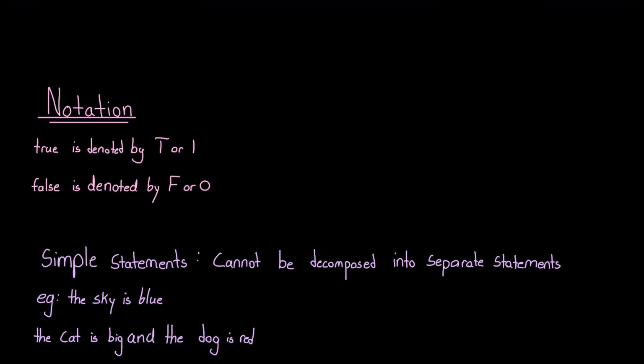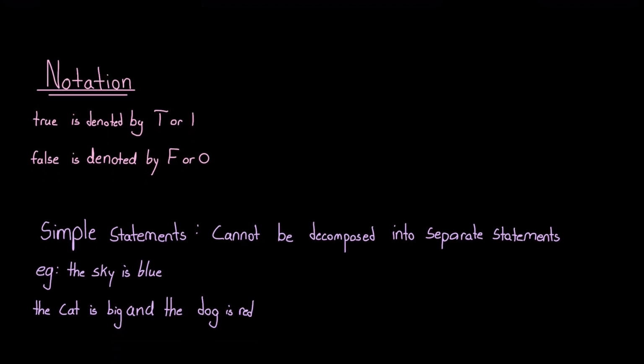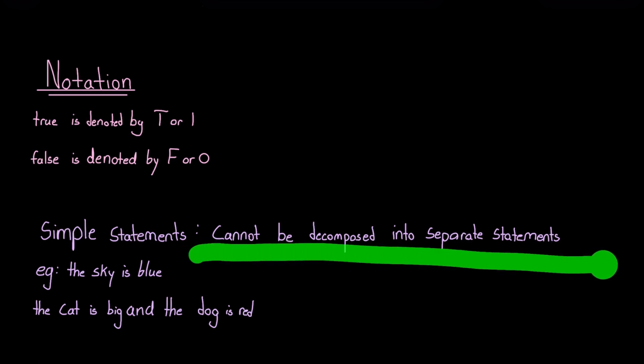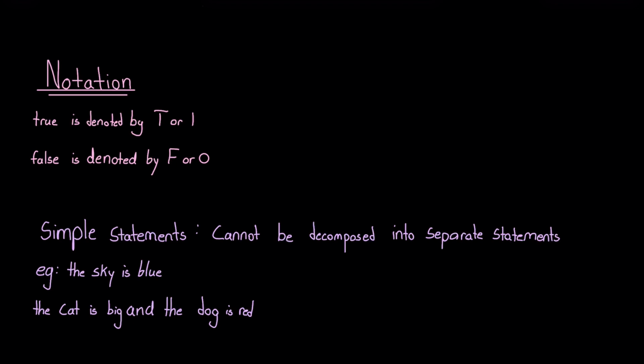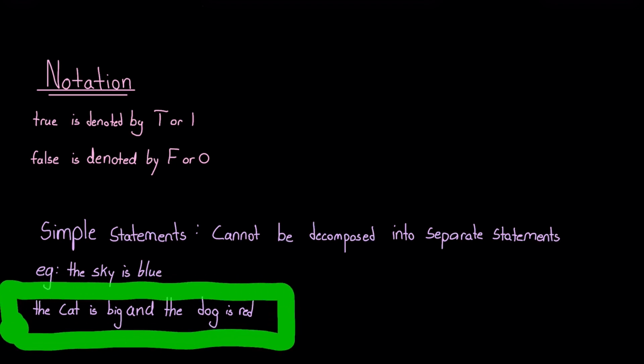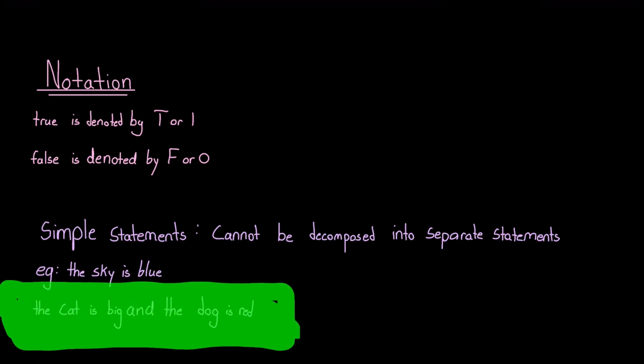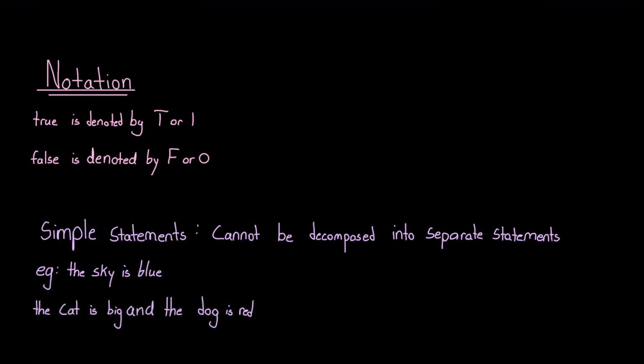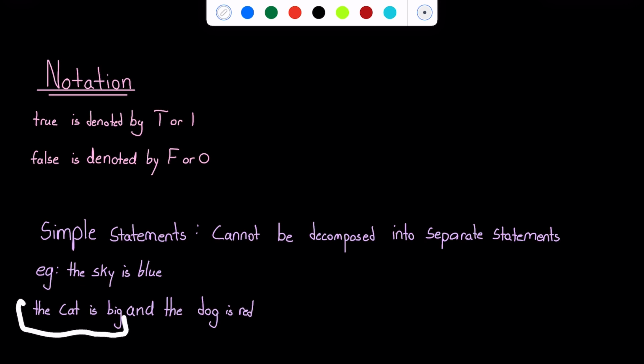And now we're moving on to simple statements. Now, what is a simple statement? The definition here is that a simple statement cannot be decomposed into separate statements. So what this means is, for example, if we have here, the cat is big and the dog is red. Now, this statement can be decomposed into two different statements because we can have the cat is big as one whole sentence and the dog is red as another sentence. So this is not a simple statement.